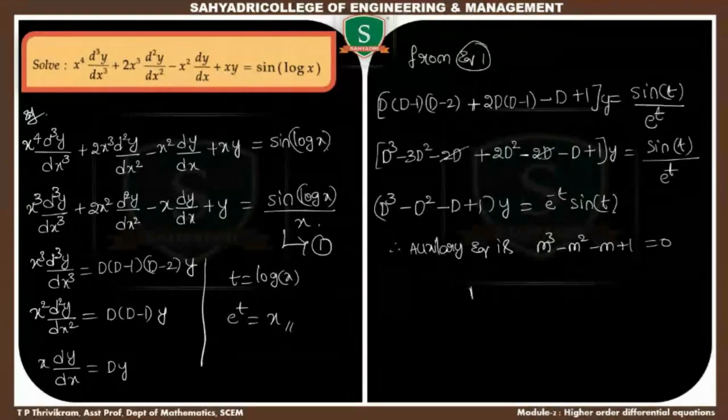Minus 1, 1, minus 1, minus 1, 1. What will be the initial solution for this? 1. D cube plus d square. No, sir. D cube plus d square. No, minus d square only.